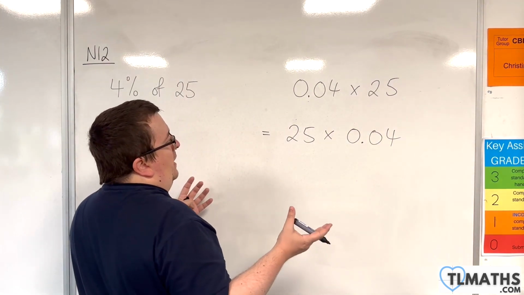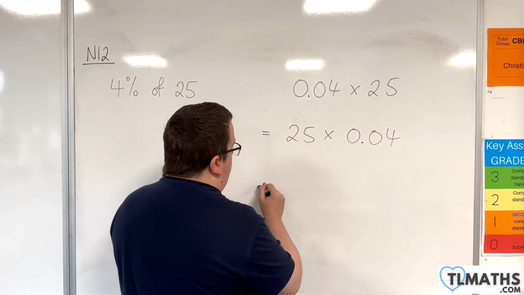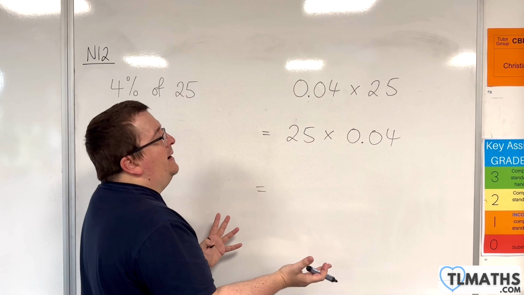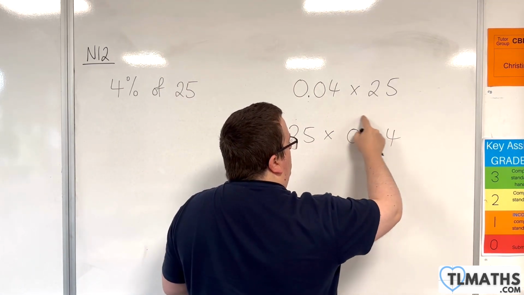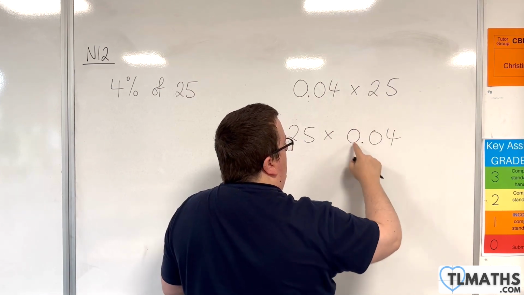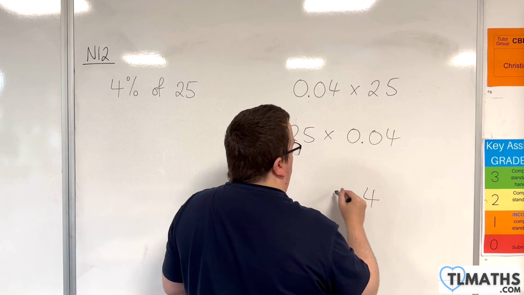Now, let's say I wanted to alter this slightly, and I wanted to keep it at exactly the same value, but I want to multiply this number by 100. So I want to multiply 0.04 by 100, and I would get 4.